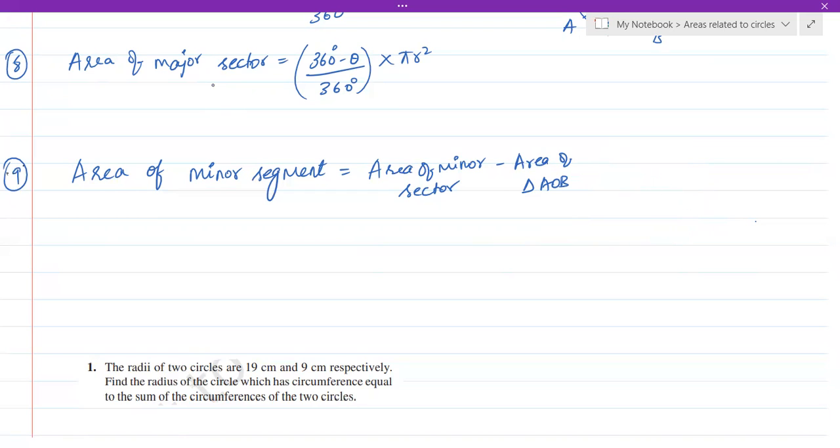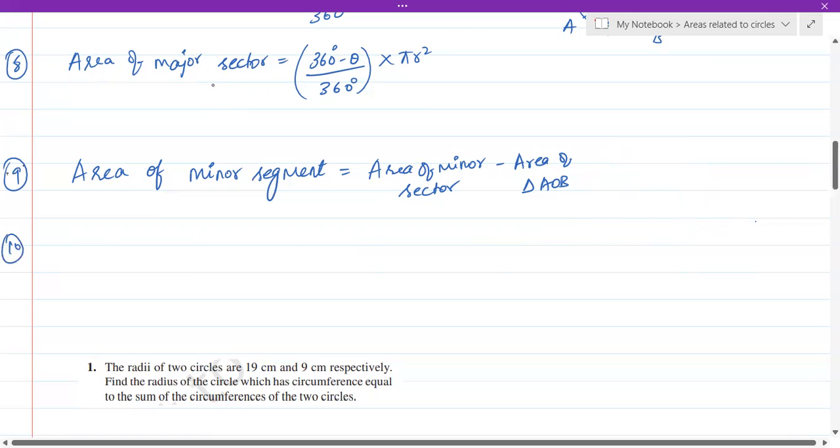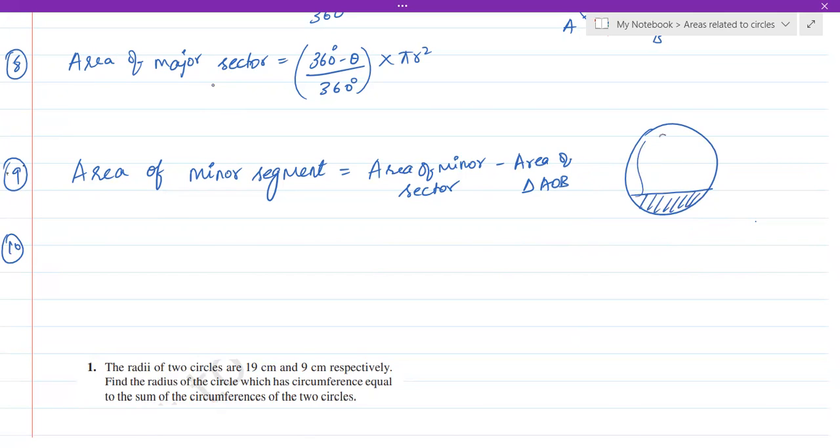Now, how do we get the major segment? It's very simple. See, the minor segment is this area, right? The major segment is the other one, which I'm shading like this. How do you find the area of the major segment? Very simple. Find the area of the complete circle and subtract the minor segment, and you will get the answer.